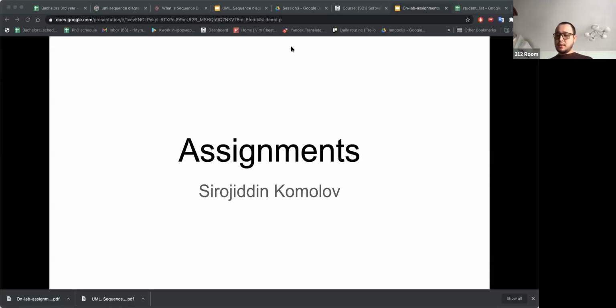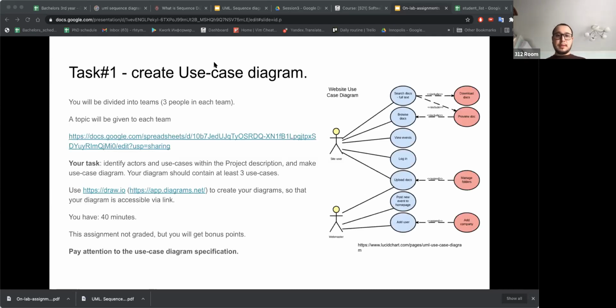Okay, so we will start assignments. By the way, this slide is also available on the Moodle, so there are some links you can get from the Moodle. This is task one. You have to create a use case diagram.